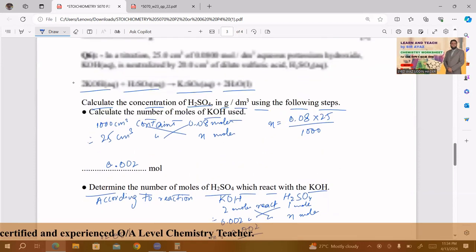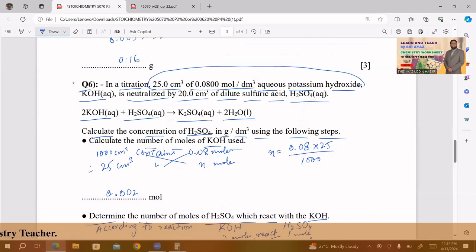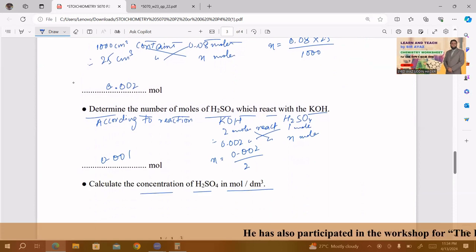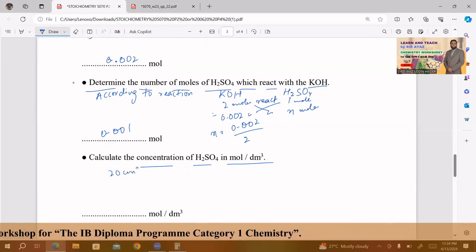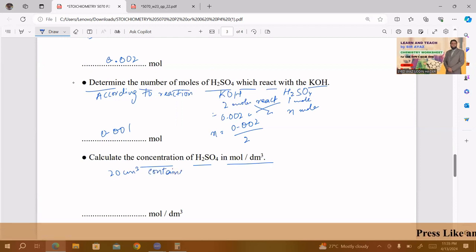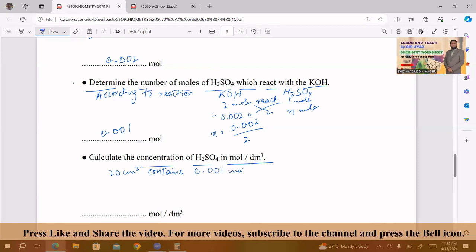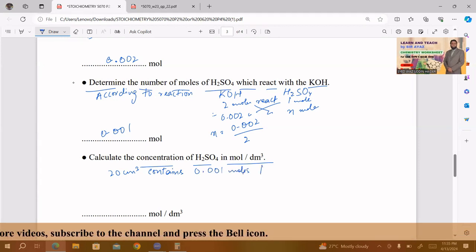Now calculate the concentration of H2SO4 in mol per dm³. This is the mole of H2SO4 which has reacted, and the volume consumed here is 20 cm³. So 20 cm³ contains 0.001 mole of H2SO4.